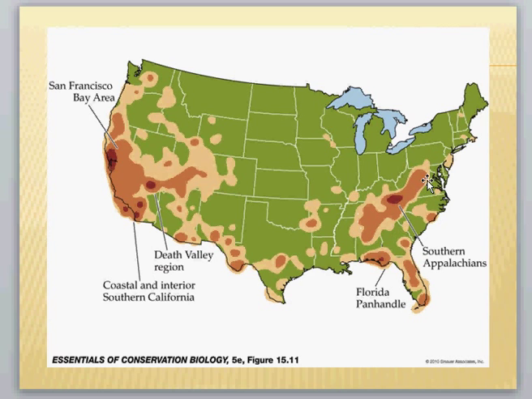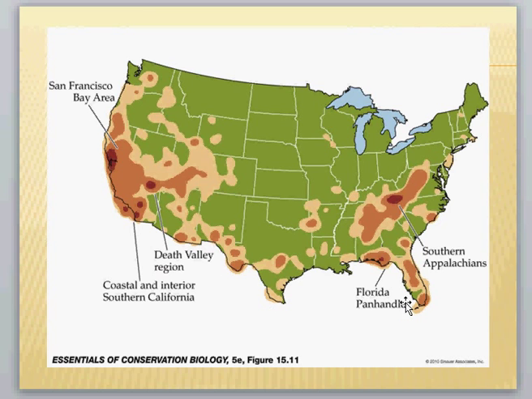Okay, so these are wetter areas. The north can be wetter, but it starts to get quite cold up there. Okay, so wetter and warmer areas tend to have the highest diversity.